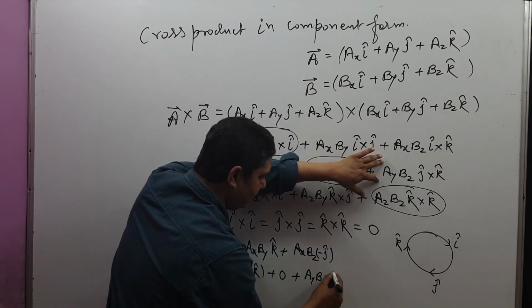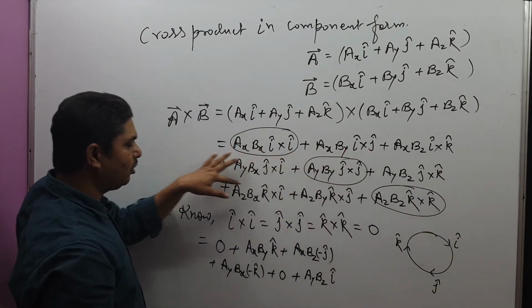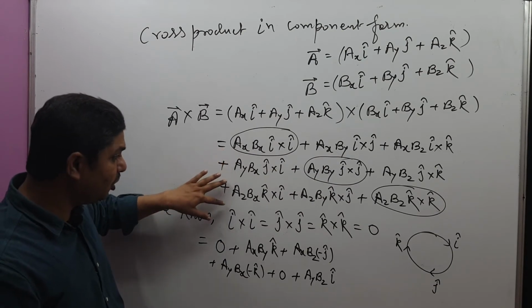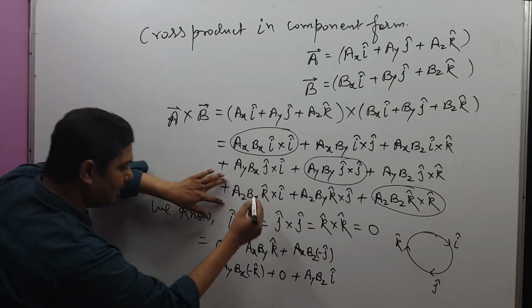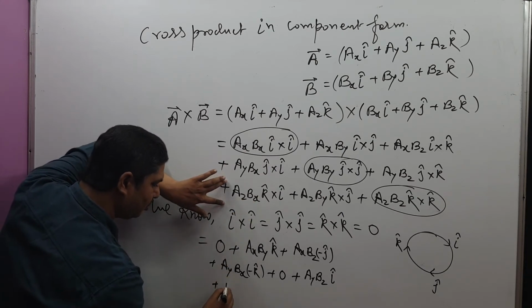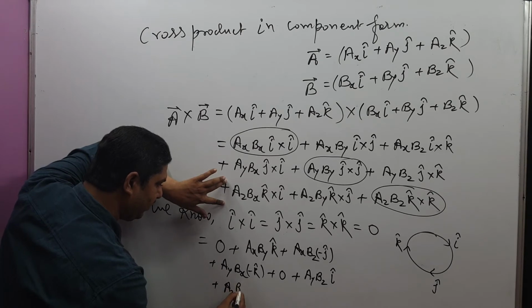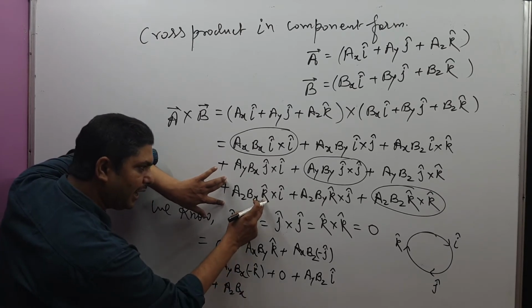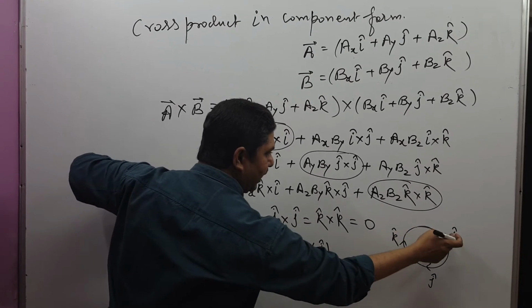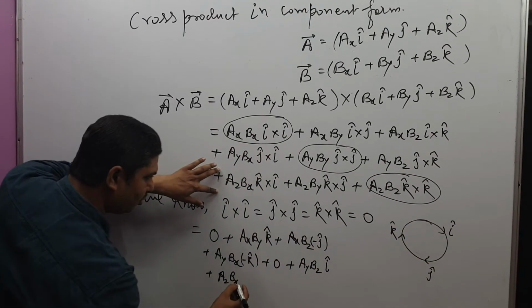So write here i cap. So we have utilized the second line also. Now it is time for utilizing the third line. Here in the third line we have AZ BX, and here k cross i. See this side, k cross i is equal to j. So write here j.